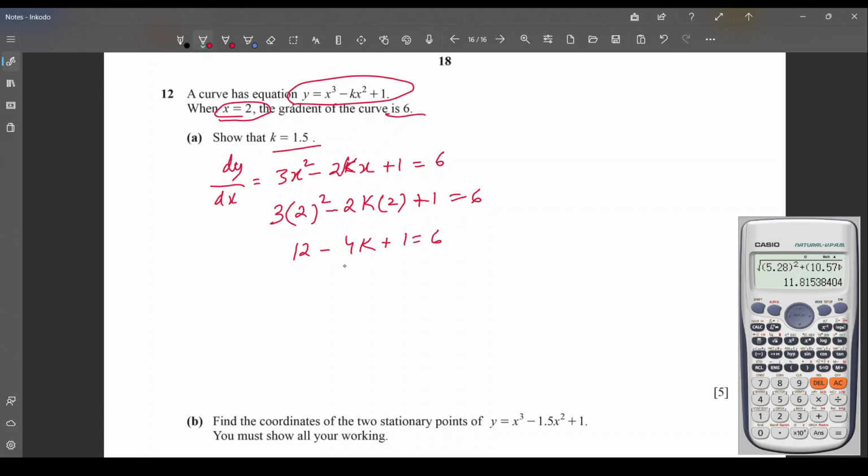So we send that together, so we have 12 minus 6 plus 1 equals 4k. So 6 plus 1 is 7.